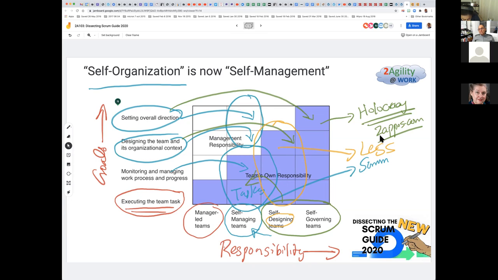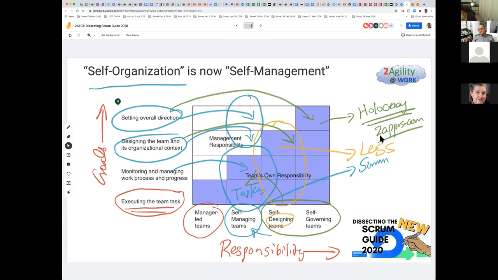Let's unpack these two words. Responsibility for me is volunteering based. I put up my hand and I sign up for it. Accountability is something that somebody forces on you by saying that you are accountable for this work. That's the only distinction between those two terms. And we are definitely not looking at it from a RACI construct.